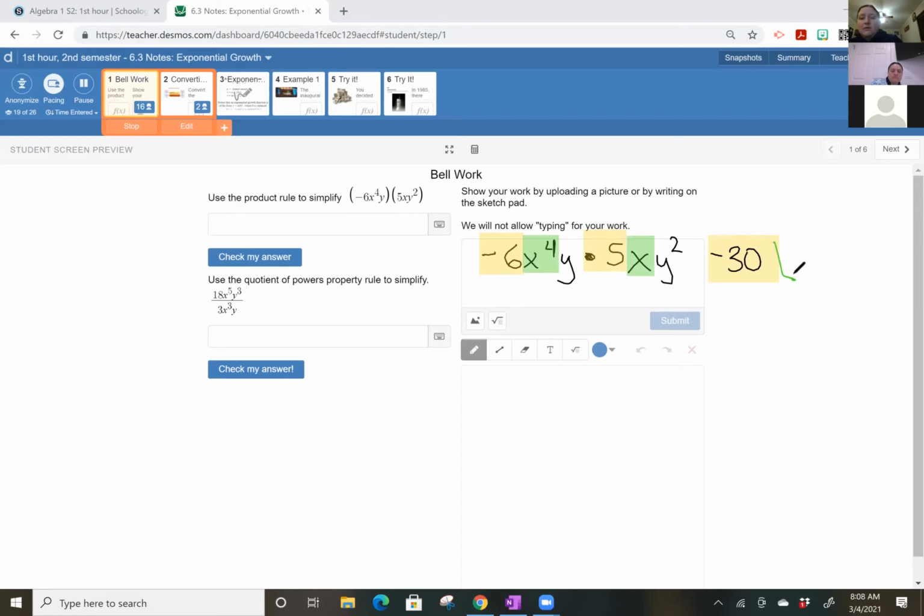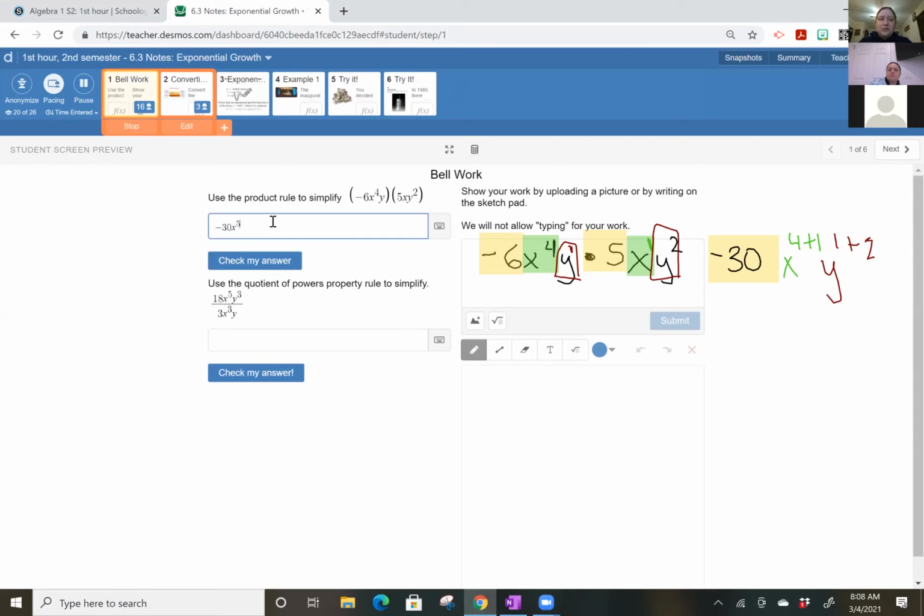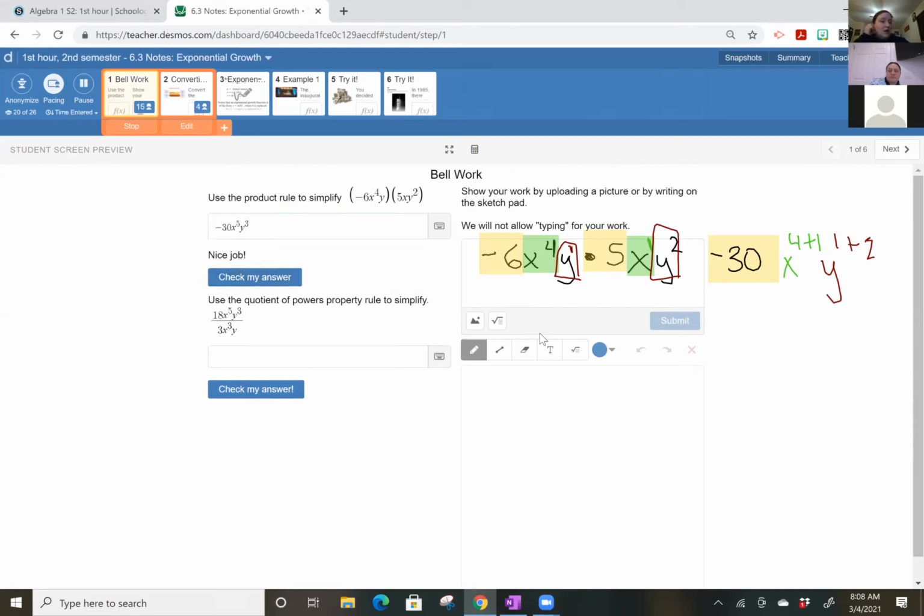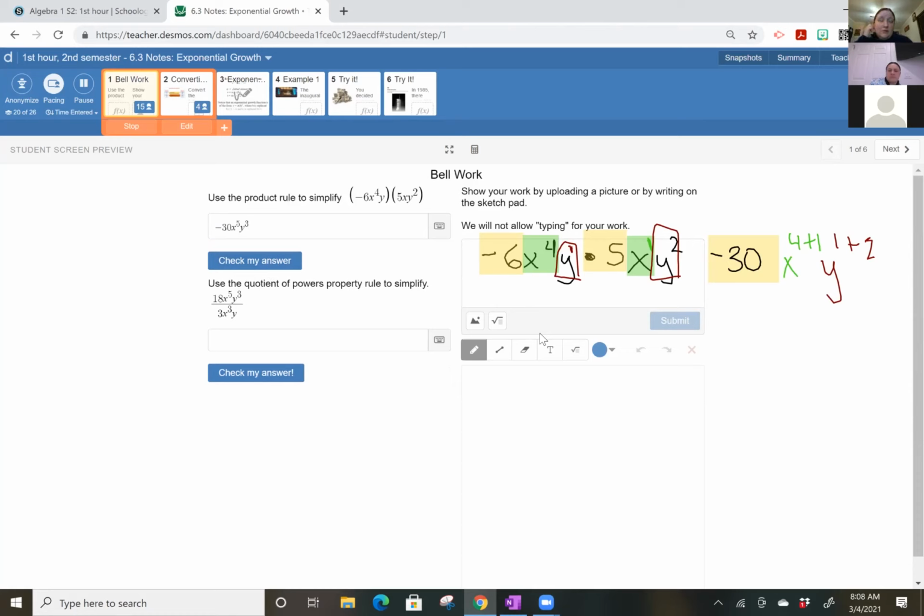When we're multiplying, what are we doing to the exponents? Add. Thank you. So I need to see this. There's really a 1 right here. And there's really a 1 right here. So then y to the 1, then 2. Now you don't have to write the multiplication symbols, you just put them next to it and you're good to go.